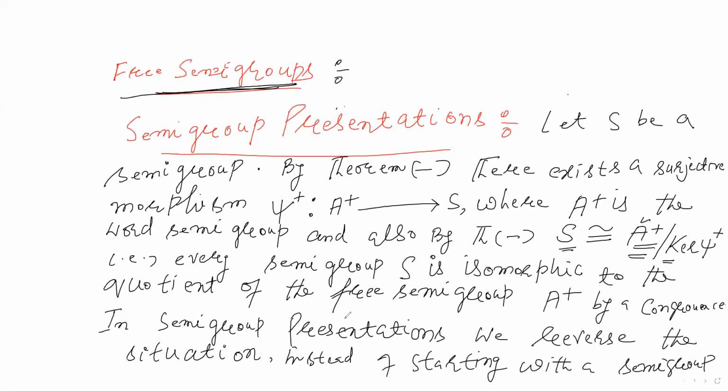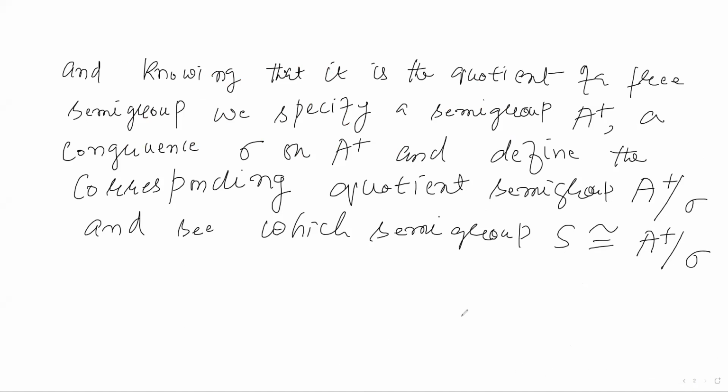As I said in the beginning, our previous results say that if you have a semigroup S, then it is isomorphic to A plus over some congruence. This we have seen in the case of free semigroups. But what do we do here? We reverse the situation.